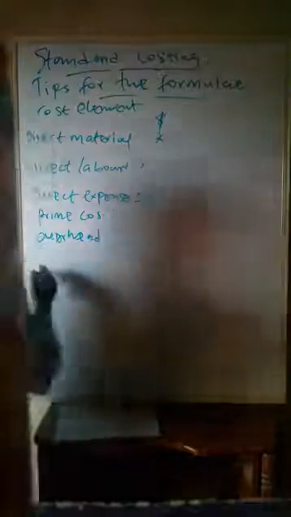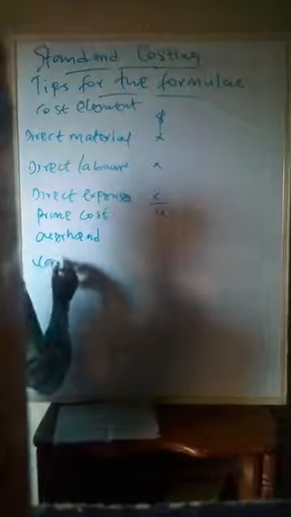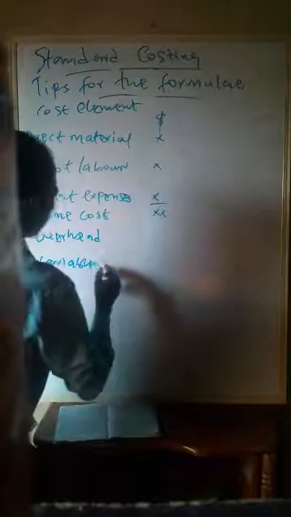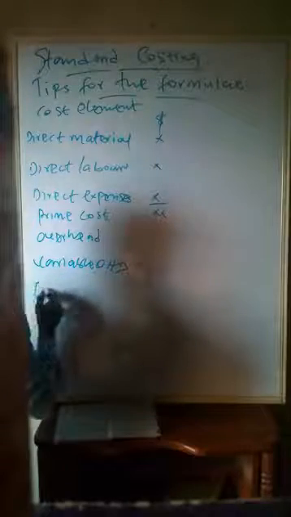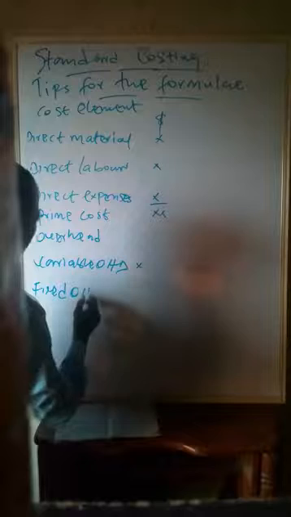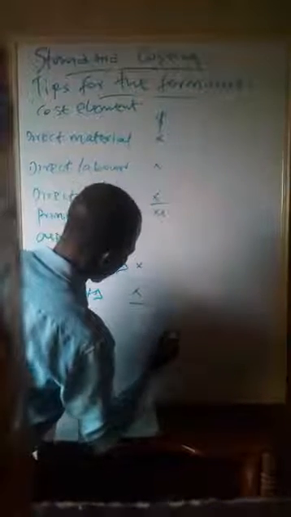The overheads: a variable overhead and a fixed overhead. You add them together and it gives you the total cost per unit.